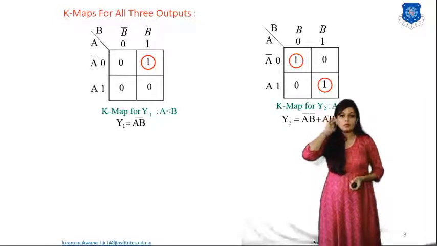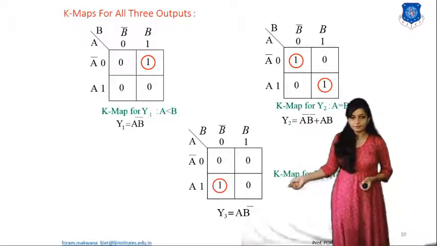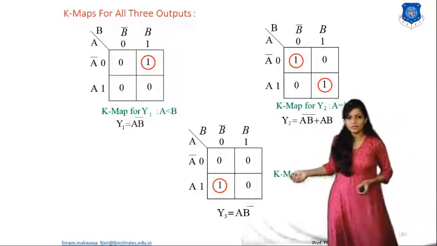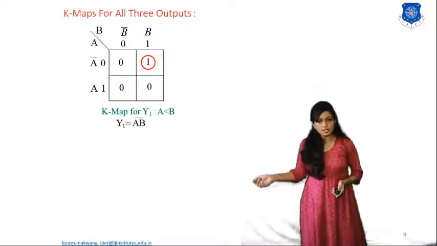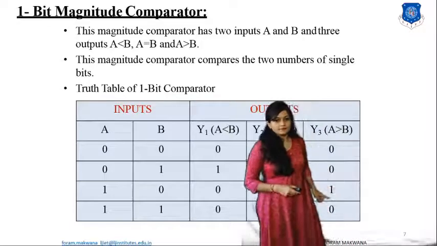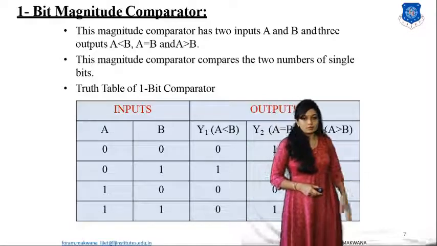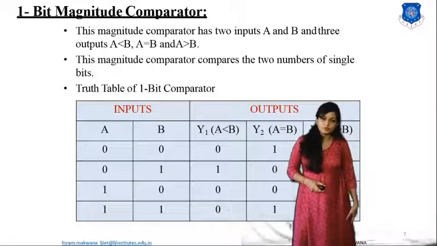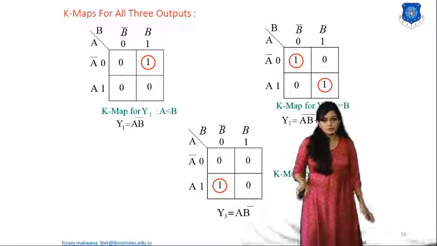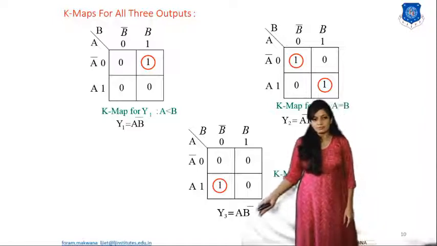Now for the last output Y3, this is the K-map for Y3, in which there is only a single one. This is for A equal to 1, B equal to 0, so AB dash. We can also directly write Y3 is equal to AB dash.